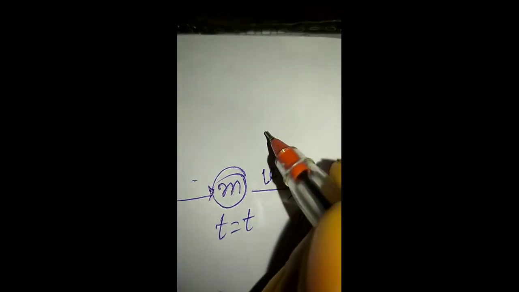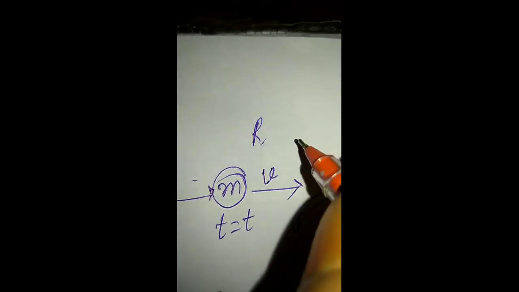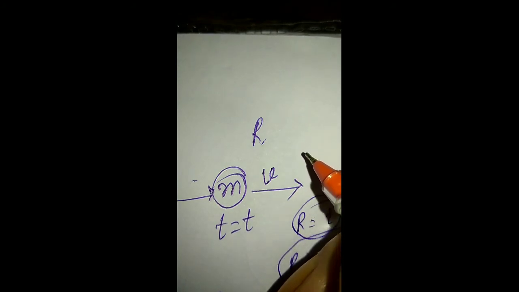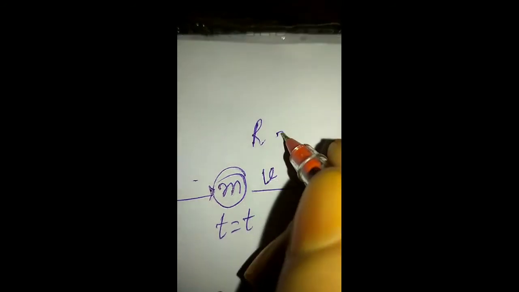So you can write rate of change in momentum is equals to m (v minus u) by t, we are saying. Since (v minus u) by t is equals to a.